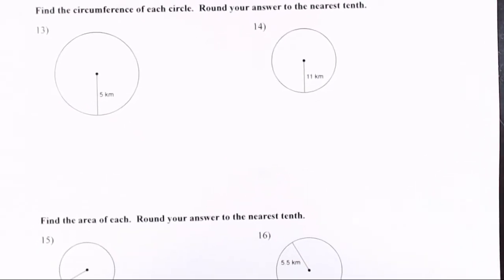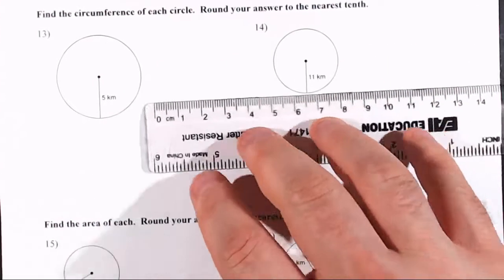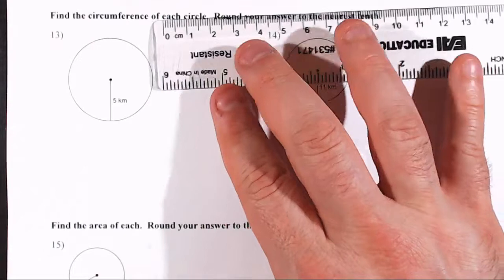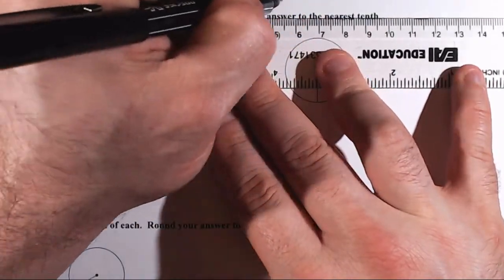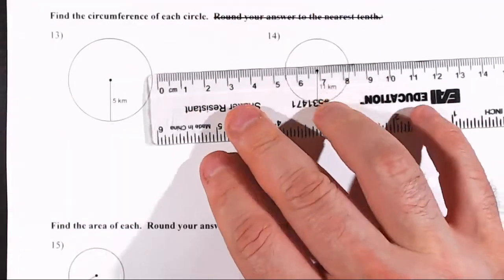So now you're starting to understand why we definitely want to think carefully about our formulas when we're computing these circumferences and areas. Now this right here, round your answer to the nearest tenth, we're going to junk that.